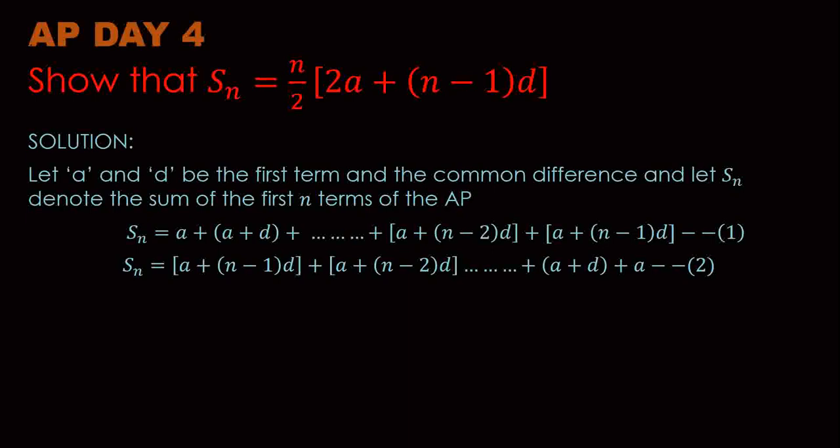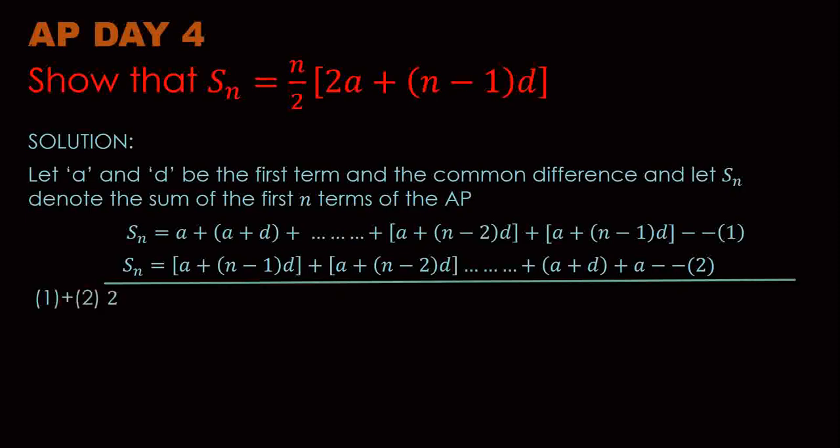Now add equations 1 and 2. On adding, you have to be careful here. Sn plus Sn would be twice Sn, equal to. Now the values are coming up.